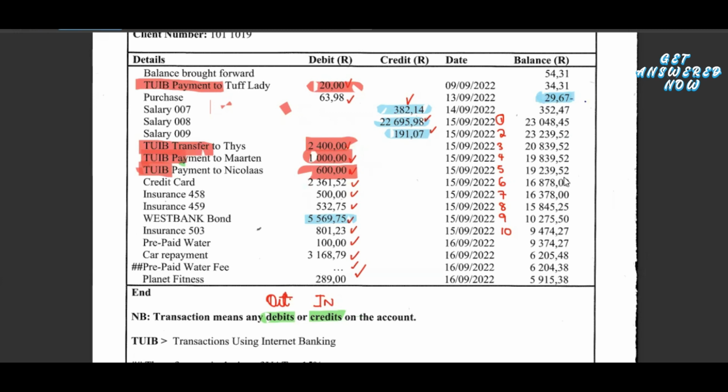It is 54 rands. Then what happens? They come and pay off the 20. That means of the 54 rands minus the 20 rands, we remain with this.